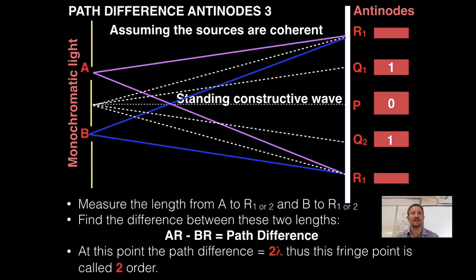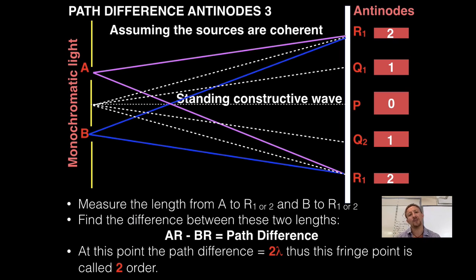Divided by 2, that means we've got 2 wavelengths difference between them. So these fringe patterns are given the order 2. As a result, this can continue throughout the range of different antinodes, going to 3 wavelengths and maybe even 4 wavelengths. So that basically explains what happens with respect to antinodes.